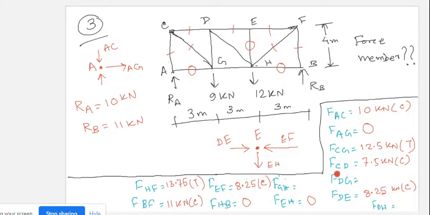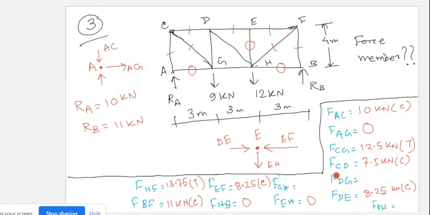FDG is 0.36 kilonewton compressive, and FDH is 0.45 tensile. Okay, the values are wrong. Please check once more, there is some calculation mistake.